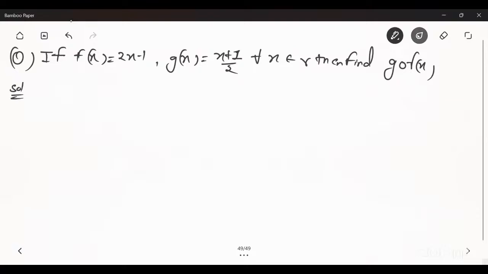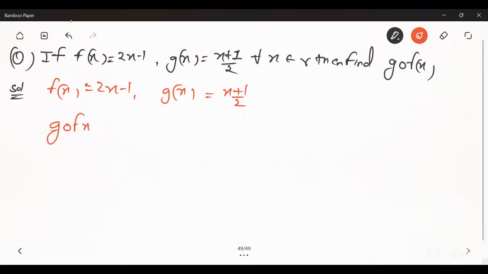So what is f(x) here? f(x) is equal to 2x minus 1. And what is g(x) here? g(x) is equal to (x plus 1) by 2. Now we have to find g of f(x).